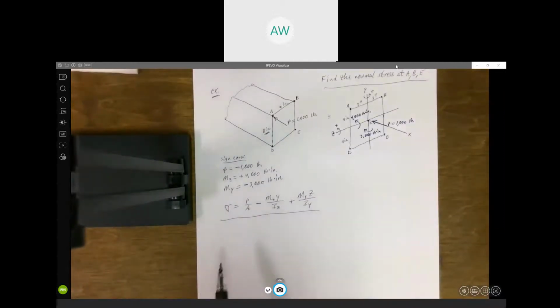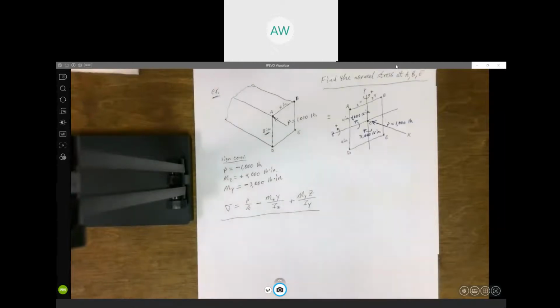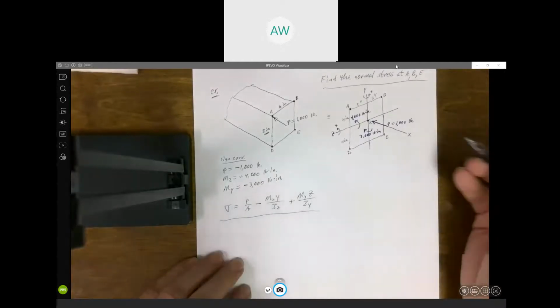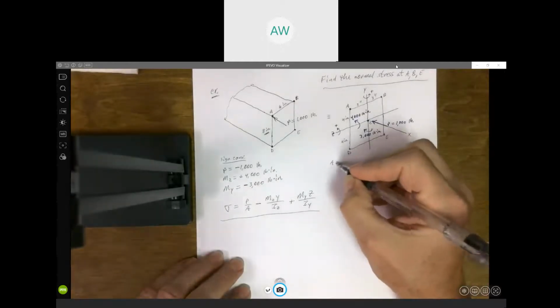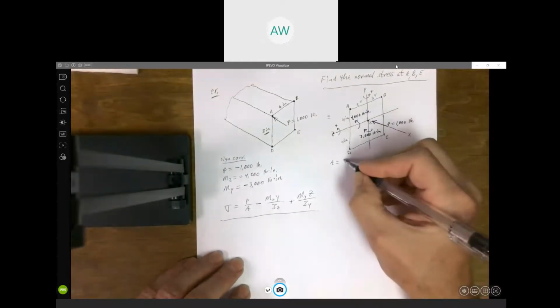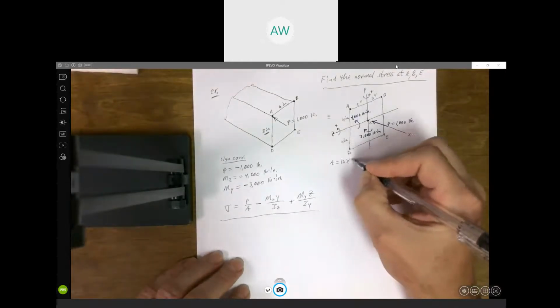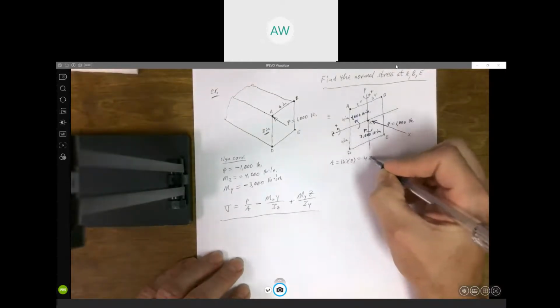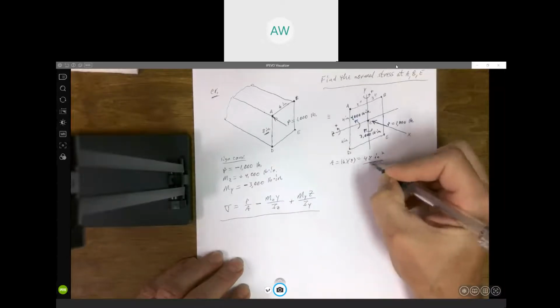So we need to know what the area is, the moment of inertia about the z-axis, and the moment of inertia about the y-axis. So let's calculate those. Area is easy. It's 6 by 8, 48 inches squared.